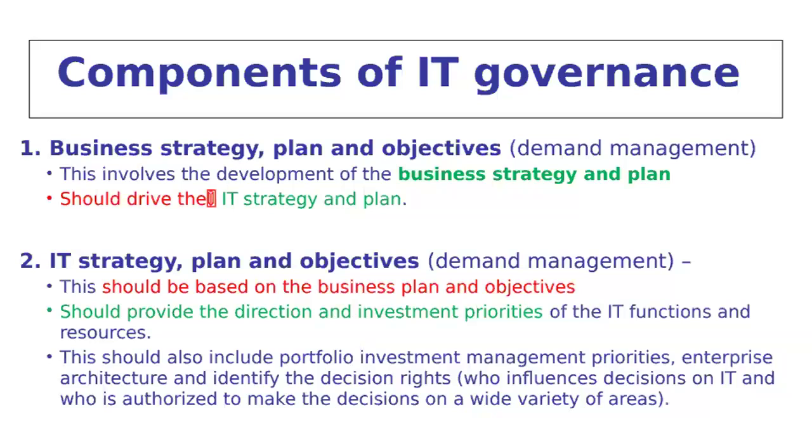The second one is demand management, which is IT strategy, plan, and objective. And it should be based on business plan and objective again. And it should include portfolio investment management, priorities, the enterprise architecture, and so on.